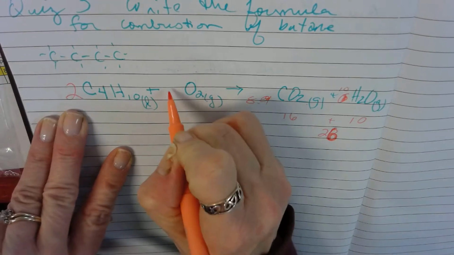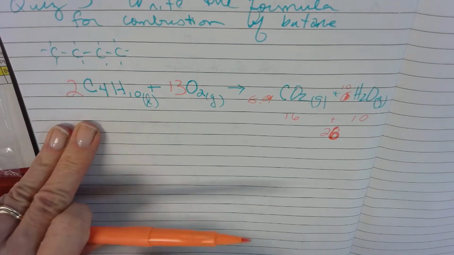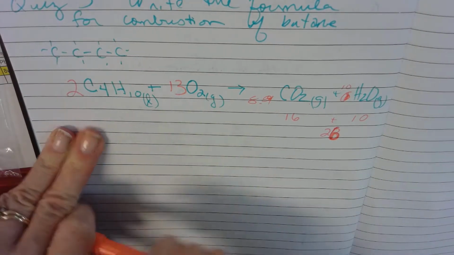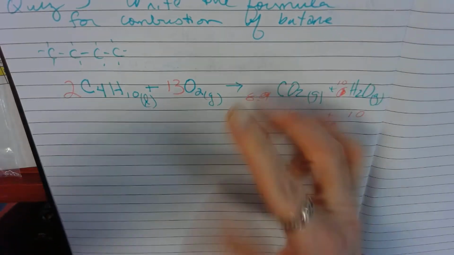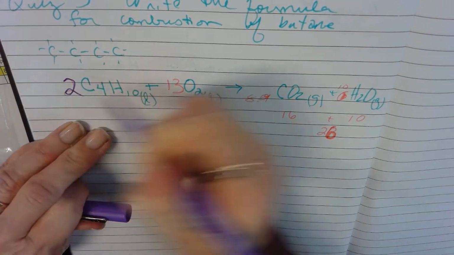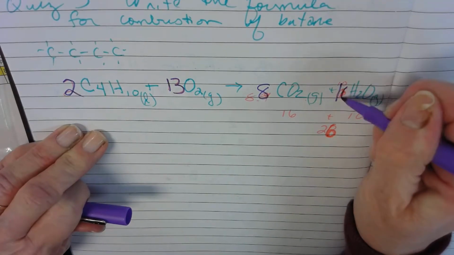That means I would have to have 13 there. Okay, so this is good. My final numbers, 2, 13, 8, 10.